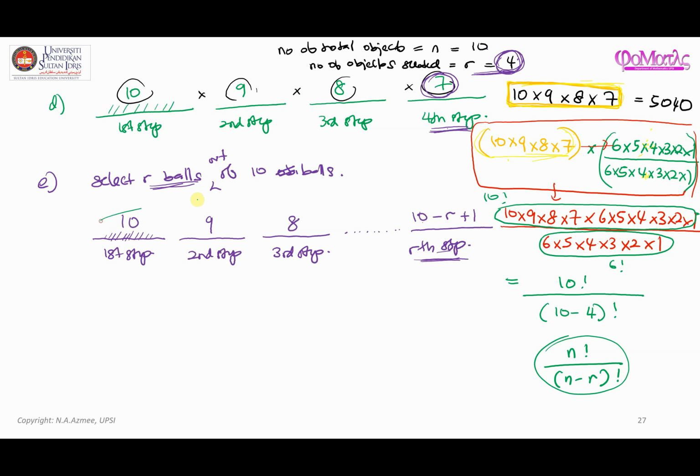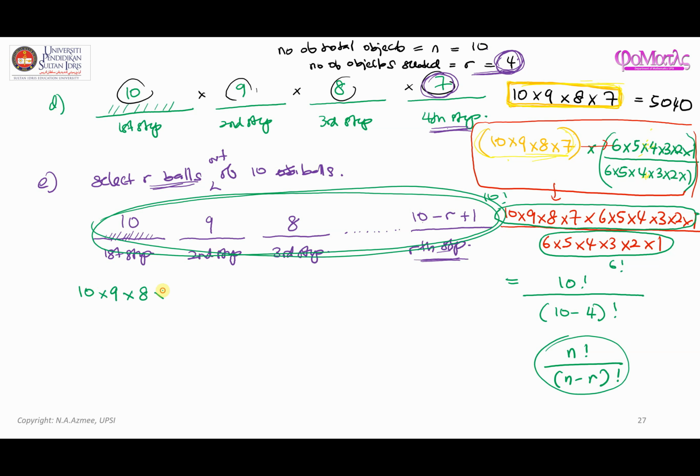Okay, so if you look at this part here, the result that we're going to have is 10 times 9 times 8 times and so on, times 10 minus r plus 1.